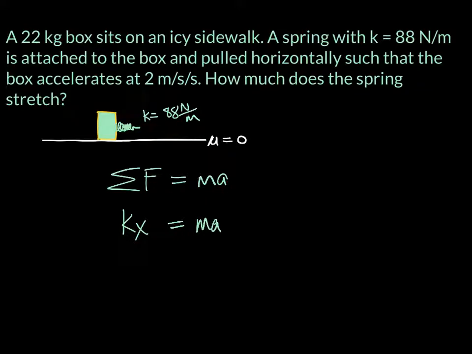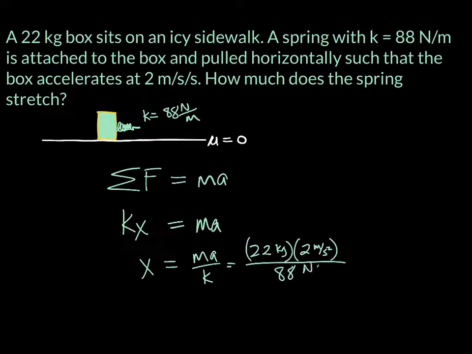We know the k, we know what mass and acceleration are. We want to know what the stretch is. How much does the spring stretch? So x equals ma over k. So 22 kilograms, 2 meters per second squared over the 88 newtons per meter. And we get a half meter. That's a big stretch. Half a meter stick.